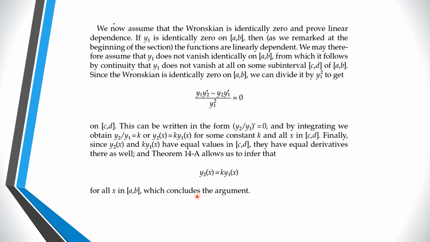In other words, whenever the Wronskian is not 0, y1 and y2 are linearly independent, right? So if the Wronskian is not equal to 0 on the complete interval AB, then y1 and y2 are linearly independent.